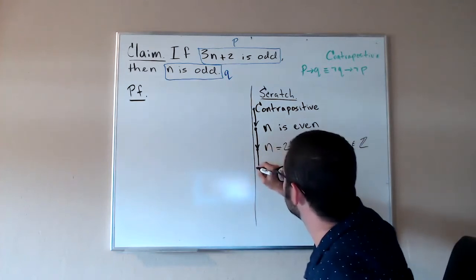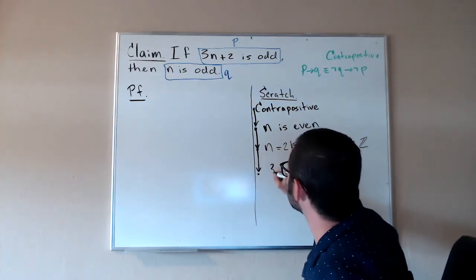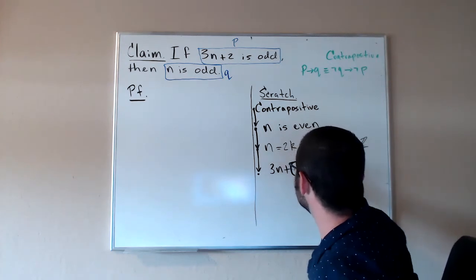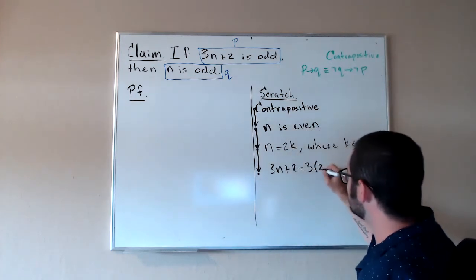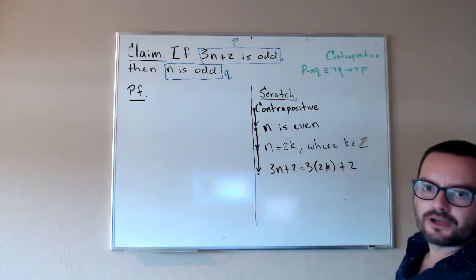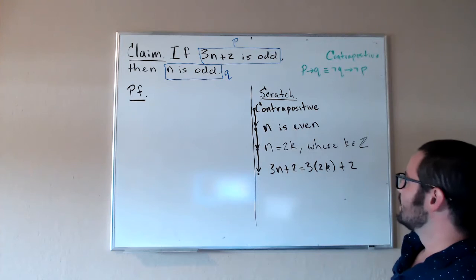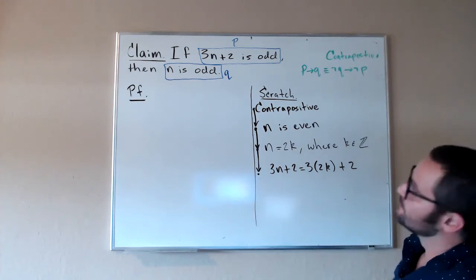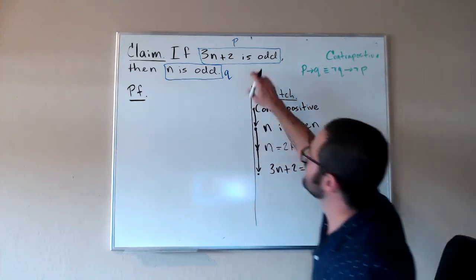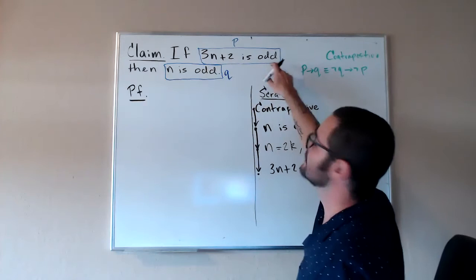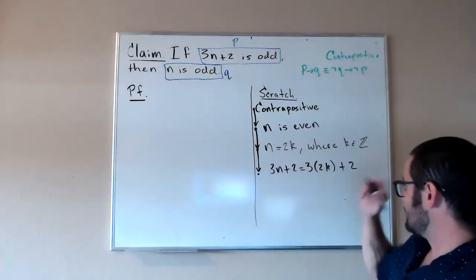So we consider 3n plus 2. But that's really equal to 3 times 2k plus 2, and we want to show that it's even. Again, I can't emphasize this enough: we want to show the negation of this, right here, is true.